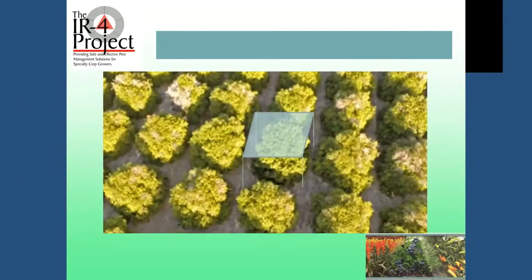All right. So this is an aerial view of a field. I think most likely citrus, although I'm not sure. And you can see that I've designed a box around it. This is supposed to represent the area that this tree is occupying, right?